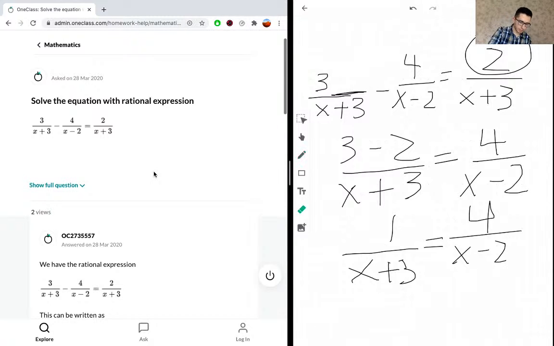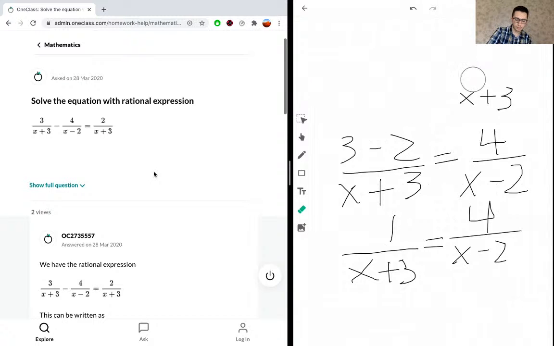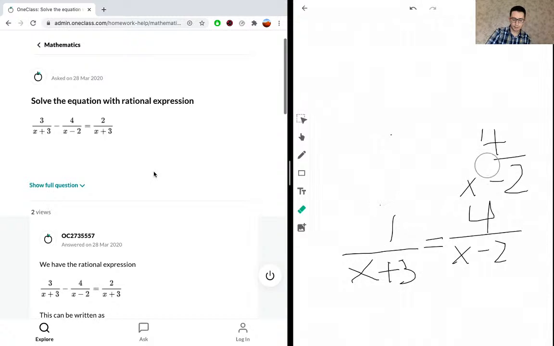Okay, so we'll clear up some space up top. Because we added the two terms that had the common denominator in the beginning, we didn't have to really find the common denominator x plus 3 or x minus 2. We didn't have to multiply by anything to give the middle term a common denominator with the rest.